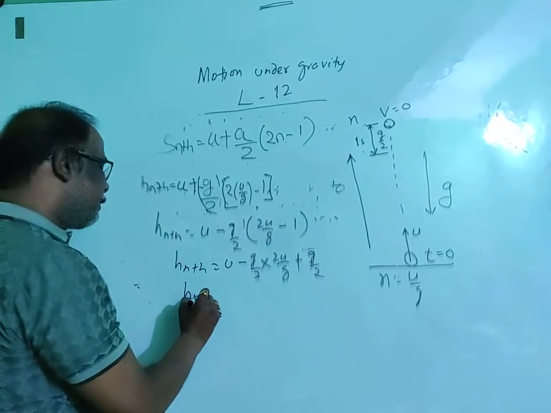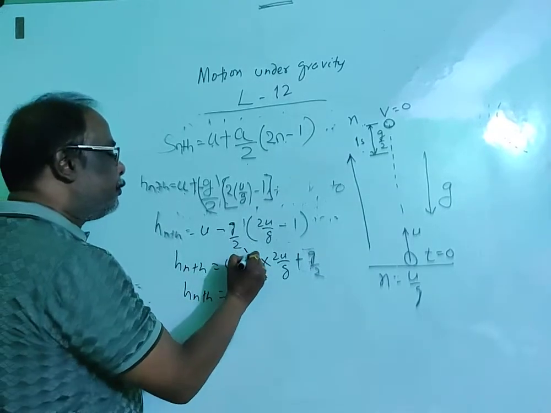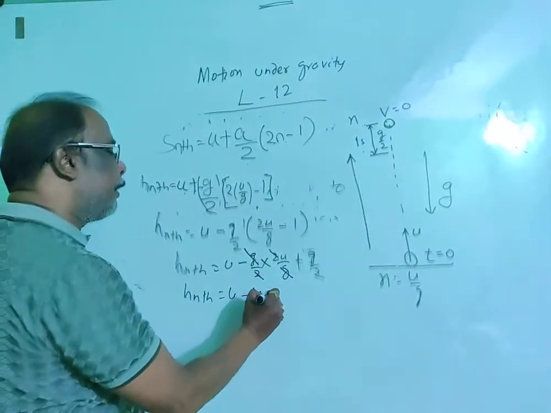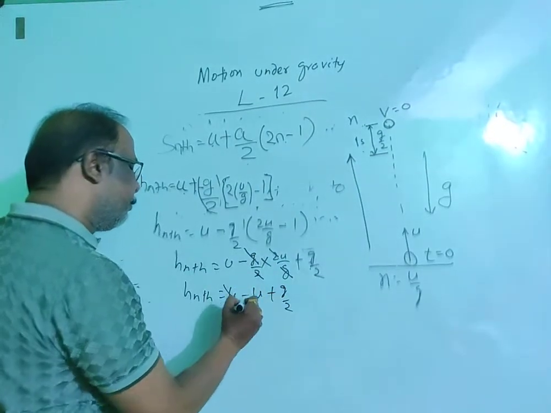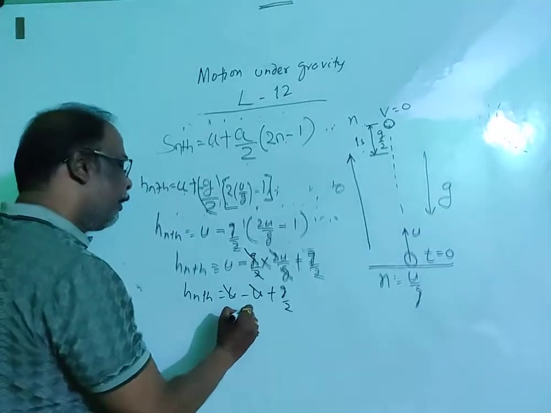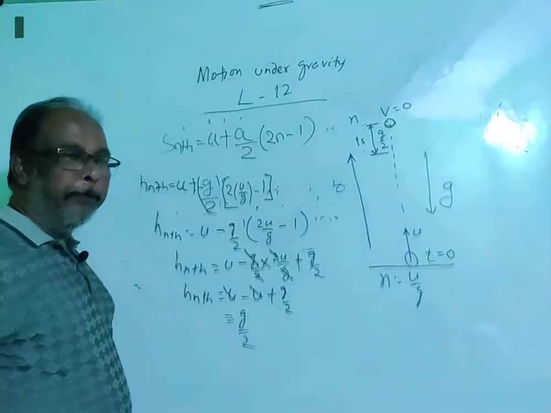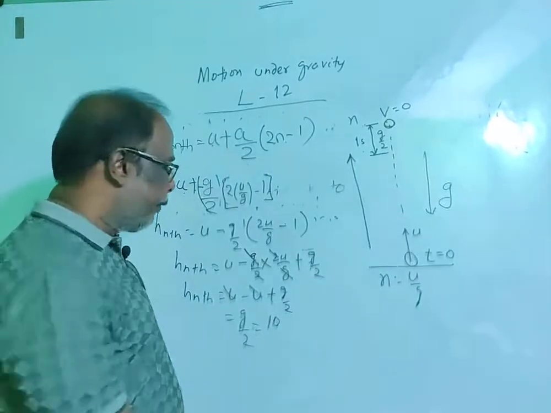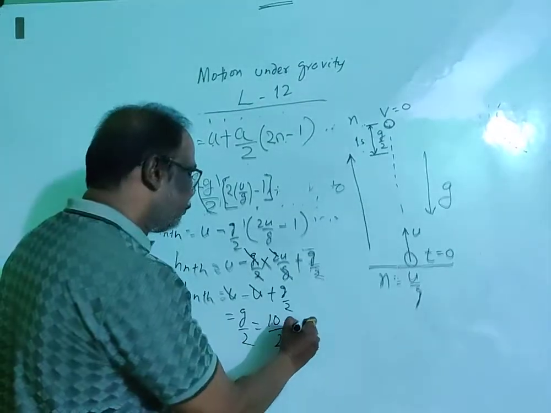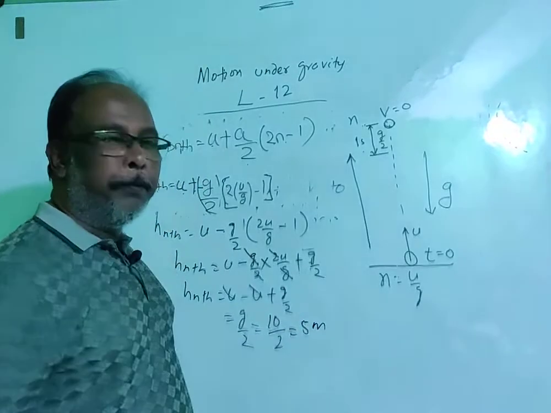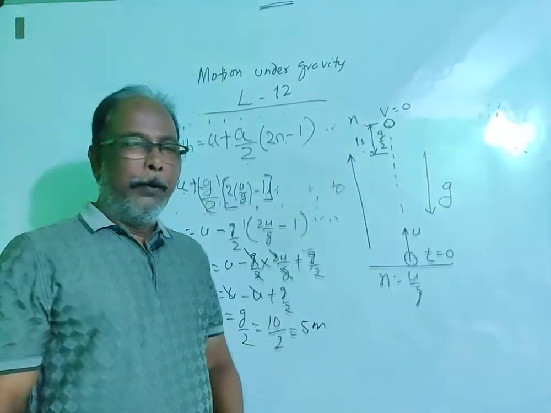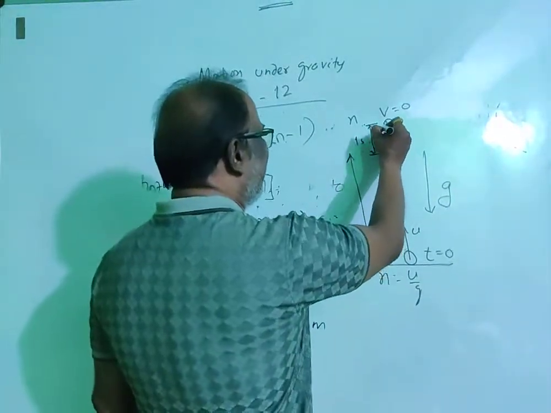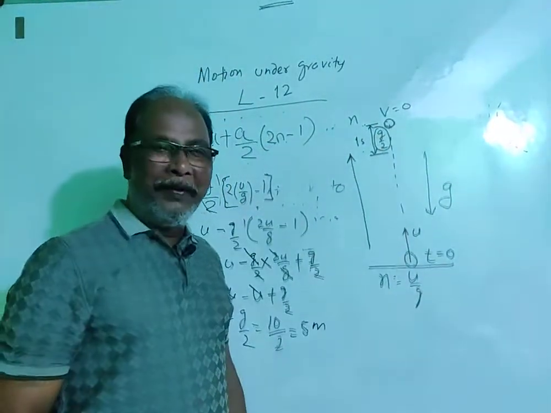So Hn is equal to u, g cancelled, 2 cancelled, u minus u plus g by 2. So our final answer is g by 2. If you take g as 10 meter per second square, then 10 divided by 2, the final answer is 5 meter.